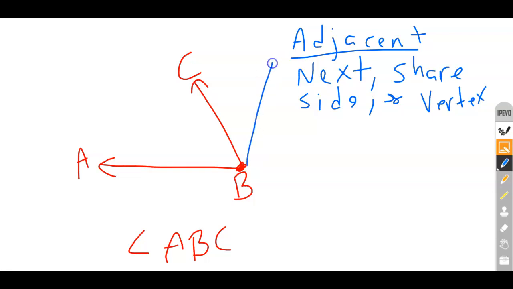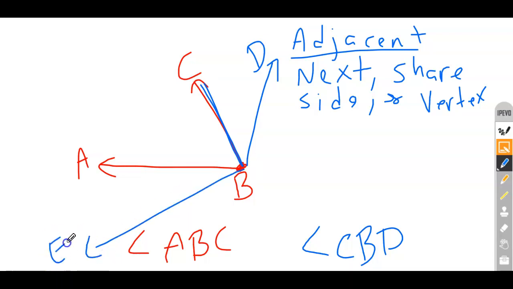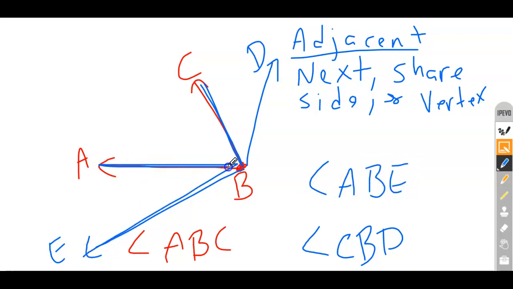So we could do it like this. I'll put a line right like that. And so we would say angle CBD, I need to give this one a letter, D, is adjacent to angle ABC because they share this side, CB, and the vertex, B. I could put one over here and call this E. And so if I said angle ABE, is it adjacent to my given ABC?